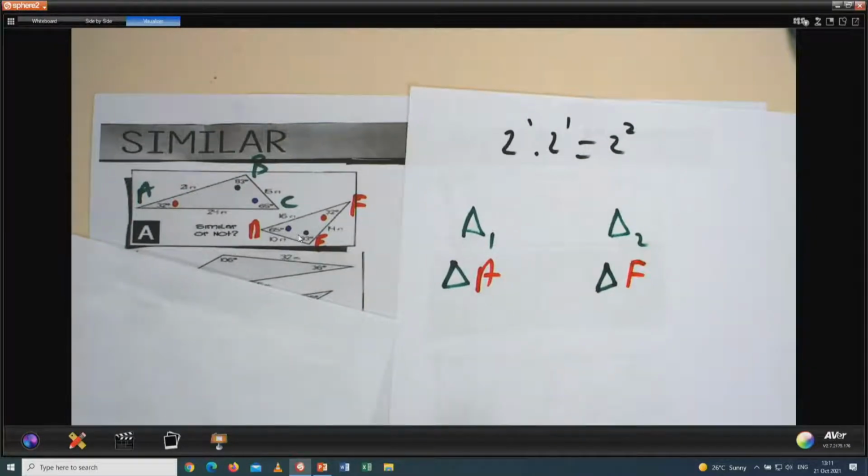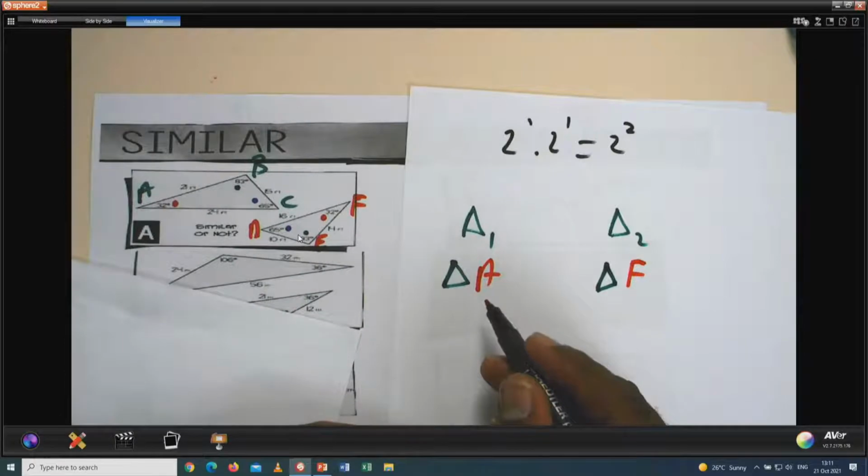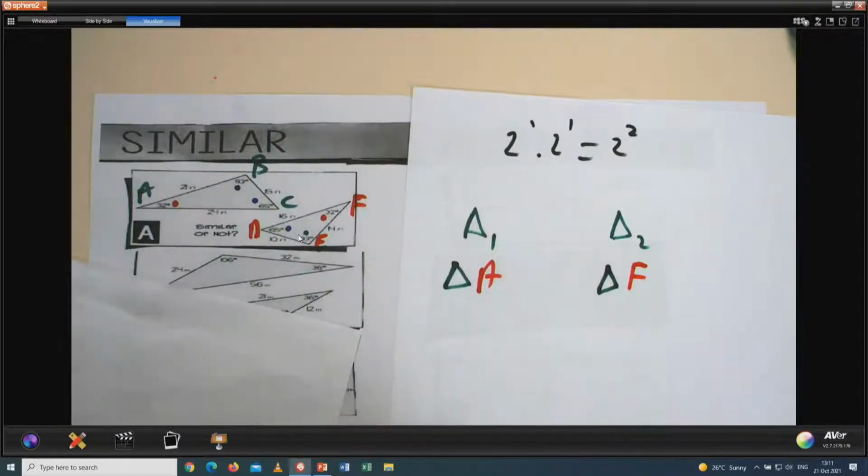We agree they are equal. Which other angles again are equal? The green one on this side is C. What is the green one on the other triangle?